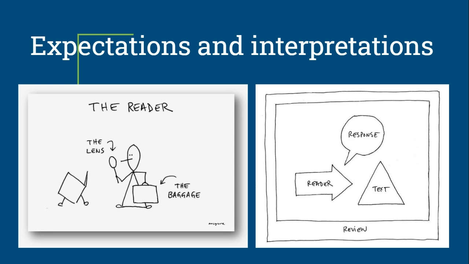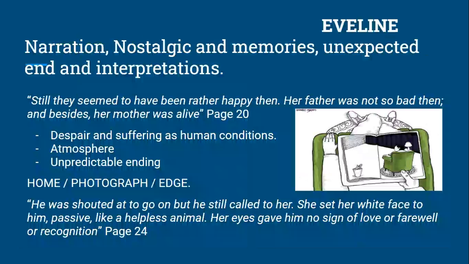On the short story Eveline, we can find a very interesting story. This is a story of this girl who is very young. She is 19 years old, and she has a very hard life.